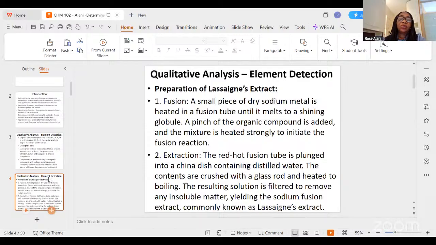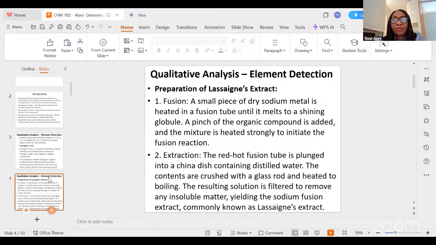So how is this carried out? First of all, you have to prepare the Lassaigne's extract. You take a piece of dry sodium metal. The piece of sodium metal is heated in a fusion tube until it melts and forms a shiny substance. Then a pinch of the organic compound to be tested is added, and the mixture is heated strongly to initiate the fusion reaction.